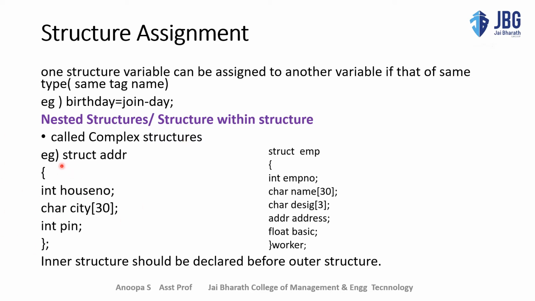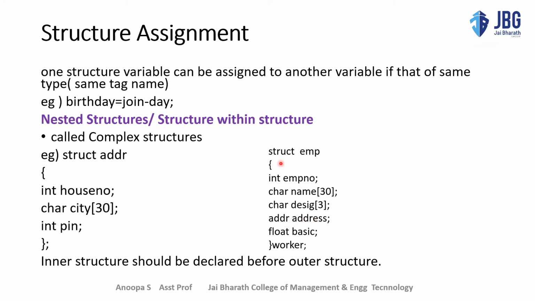So see, I have a structure address. Within that I have house number, city and pin. Now I have another structure employee with employee number, name, designation, and see, this address is of structure type address.